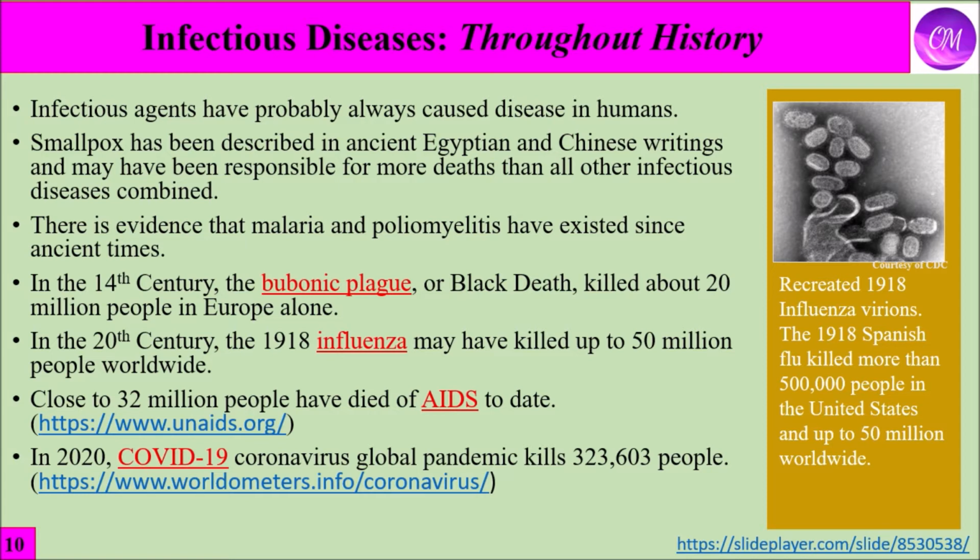In the 14th century, the bubonic plague or Black Death killed about 20 million people in Europe alone. In the 20th century, the 1918 influenza may have killed up to 50 million people worldwide. Close to 32 million people have died of AIDS to date. And in our days, in 2020, the COVID-19 new coronavirus global pandemic kills people.